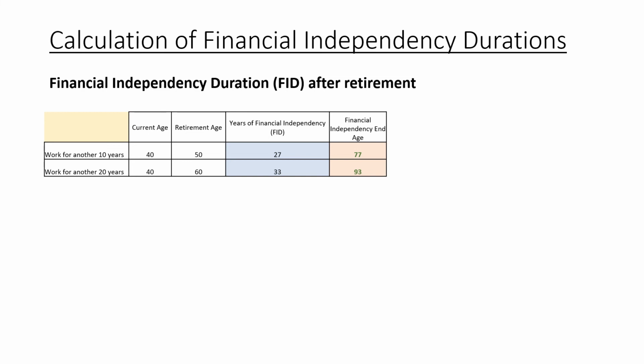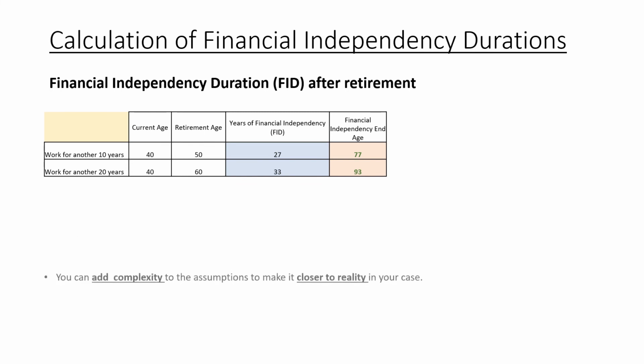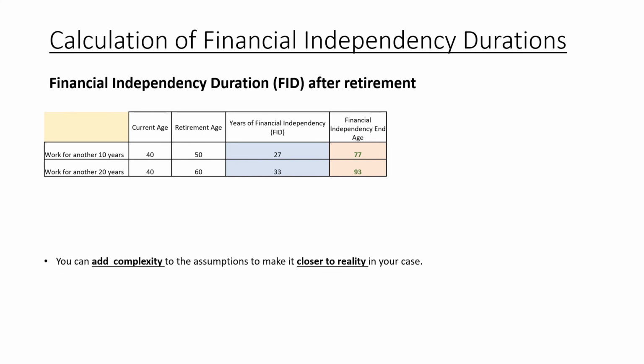In scenario 2, they work another 20 years, and it will last them until the age of 93. So this is helpful for you to make up your mind when to retire. And of course, you can add complexity to the assumptions to make it closer to the reality of your own situation.